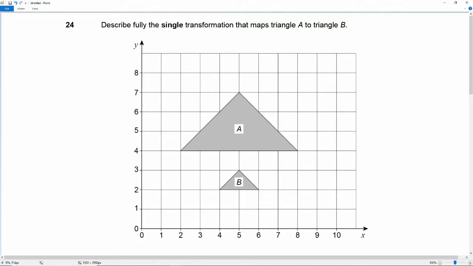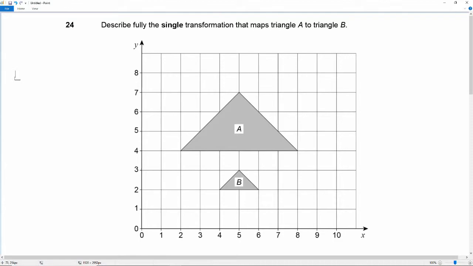Okay, well, this could be quite complicated, but even if all you say is enlargement or enlarge, that'll get you 1 mark. If you say gets bigger, grows, or shrinks, or gets smaller, that would score you 0 marks. But if you say enlargement or enlarge, that will get you 1 mark.